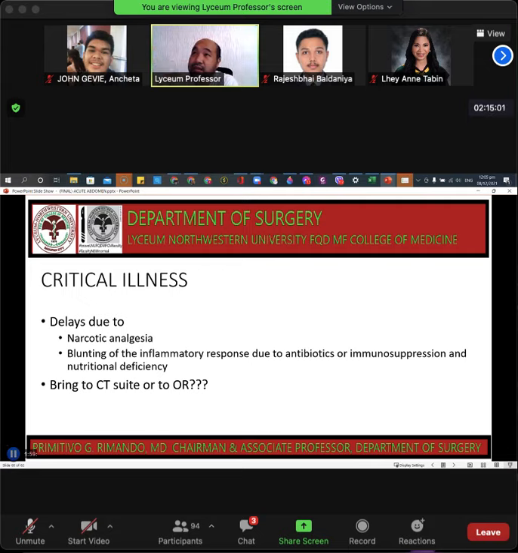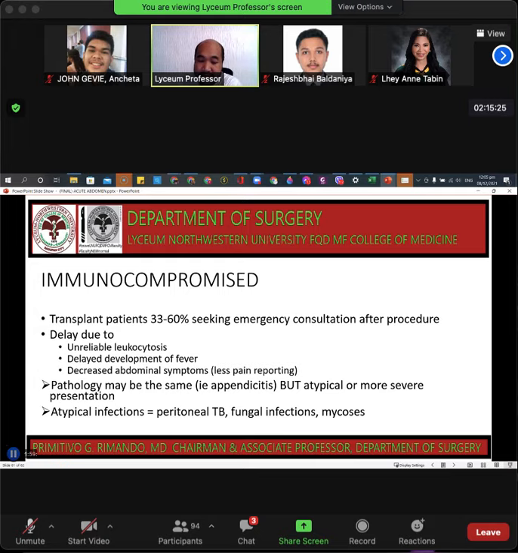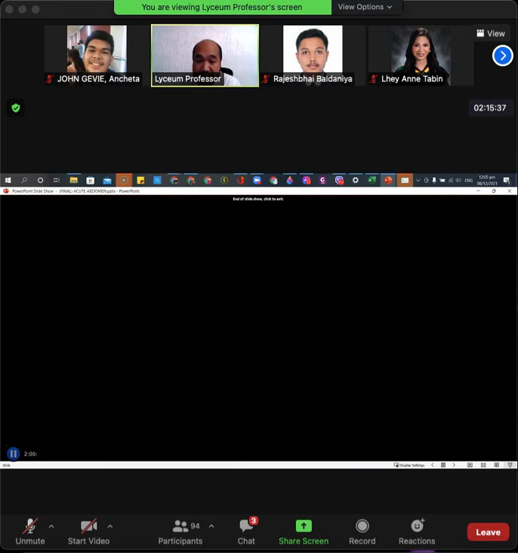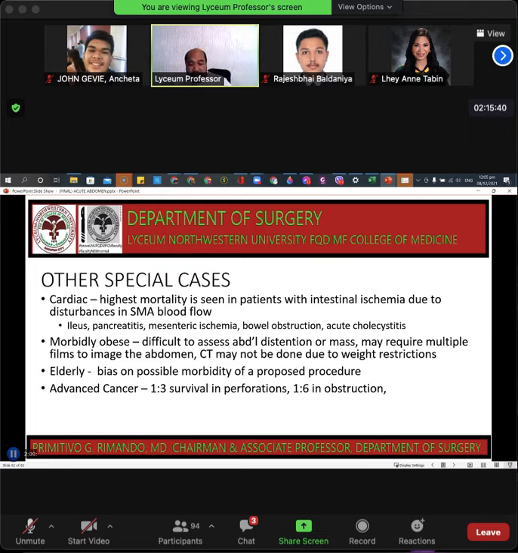So the doctors decided it would be easier to bring the patient to the operating room and deal with problems later on than to bring this patient to the echo at the other hospital. So there are situations like that. Immunocompromised patients have almost the same problem as your ICU patients. Other special cases are patients with cardiac disease, the morbidly obese, the elderly, and advanced cancer. So this is my last slide for your acute abdomen.